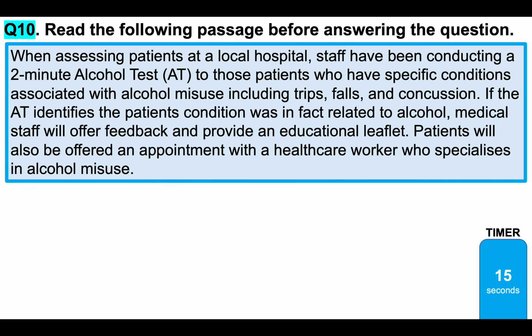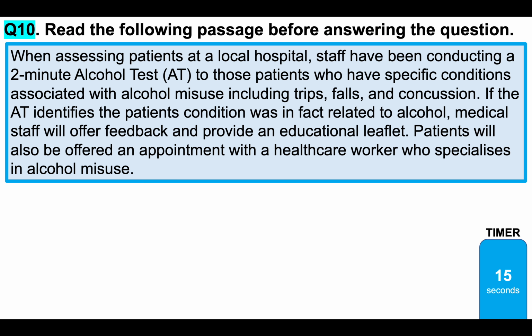The passage states, when assessing patients at a local hospital, staff have been conducting a 2-minute alcohol test, AT, to those patients who have specific conditions associated with alcohol misuse, including trips, falls and concussion. If the AT identifies the patient's condition was in fact related to alcohol, medical staff will offer feedback and provide an educational leaflet.